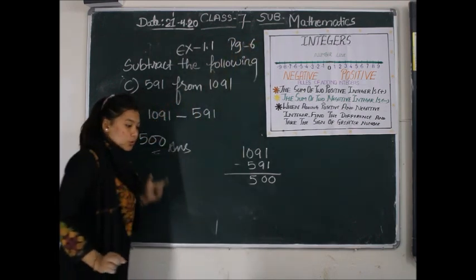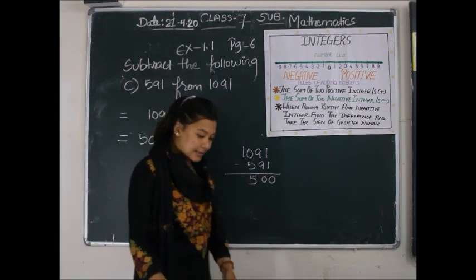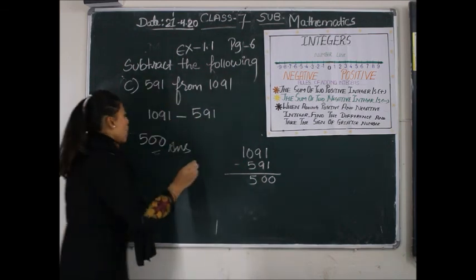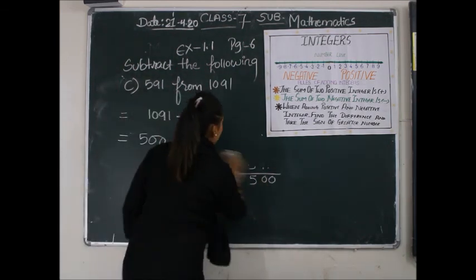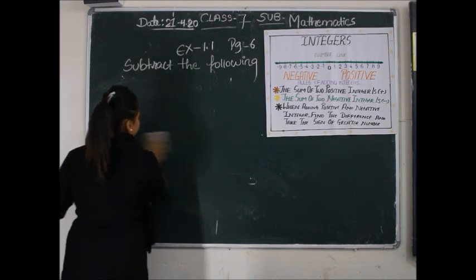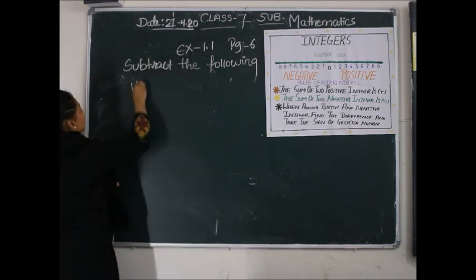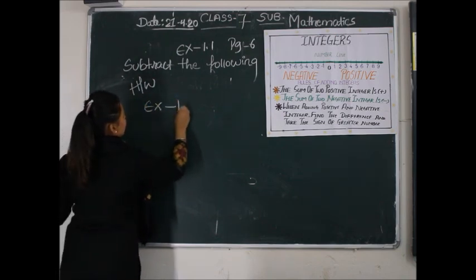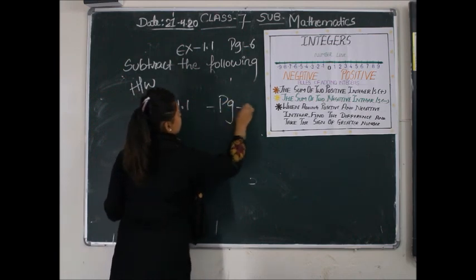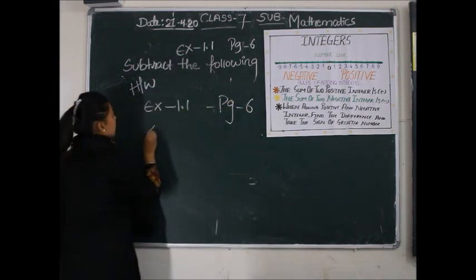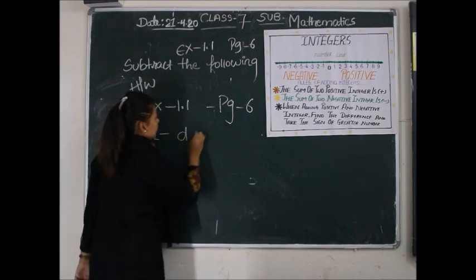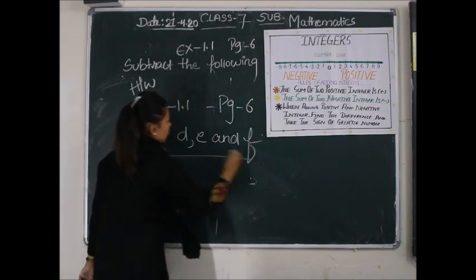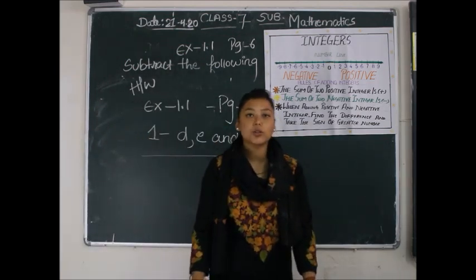Now what I want you all to do is, I have done A, B and C. Now please, students, do number D, E and F. Homework will be exercise 1.1, page number 6, number 1, D, E and F. Okay, so this much for today. We'll continue in another class.